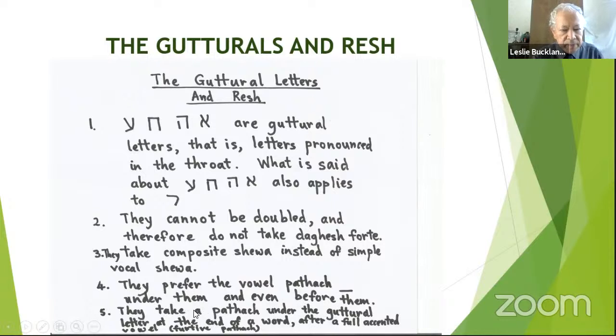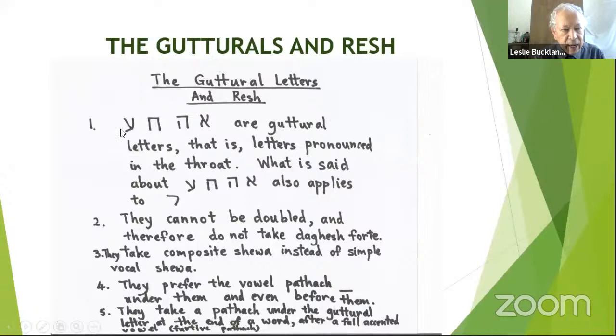And if there is a word that ends with a guttural letter, like an ayin or a keth, for example, and immediately before the last letter of the word there is a full vowel, like a wow that can be a shurek, a long U, or a holem, a long O, and there is the arrowhead over it, which symbolizes that the syllable next to the last syllable is to be stressed, then it means that the last letter of the word, which is a guttural, must have a pathak underneath it.